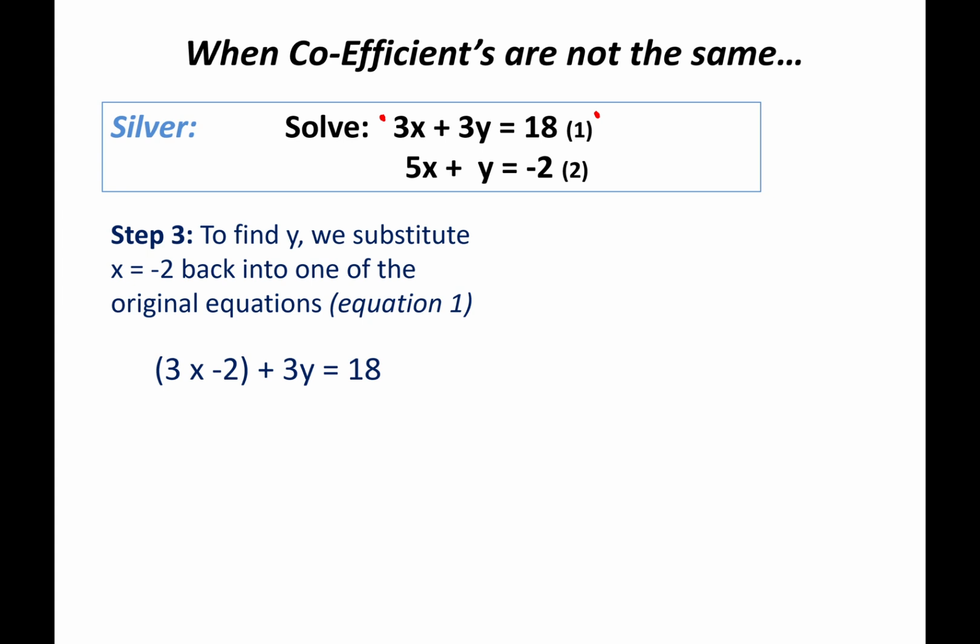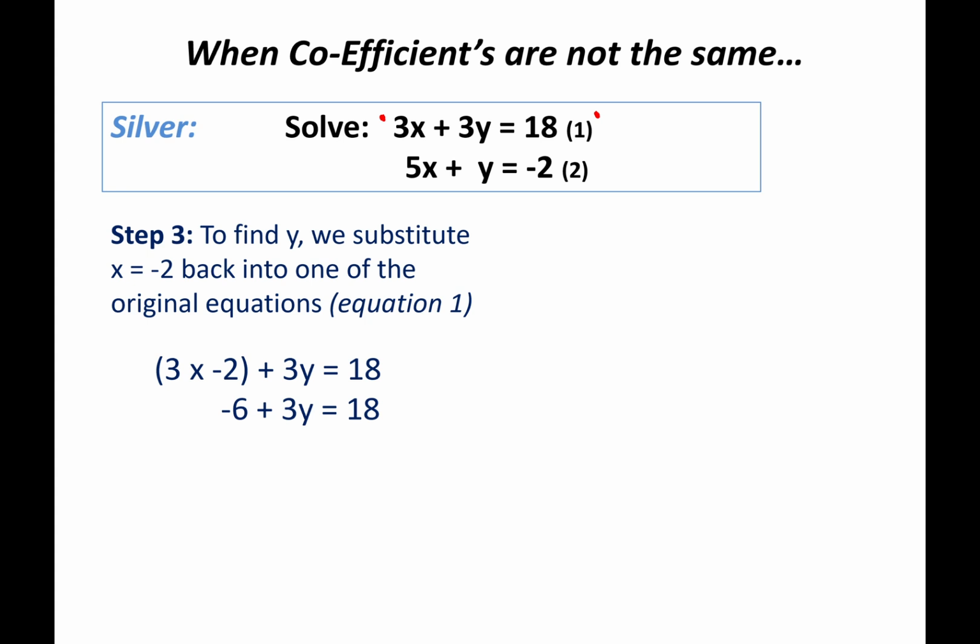And from here, we're going to solve for y. So let's multiply out our brackets. So 3 times minus 2 gives me minus 6 plus 3y equals 18. To solve for y, I want y on one side of the equation and everything else on the other.